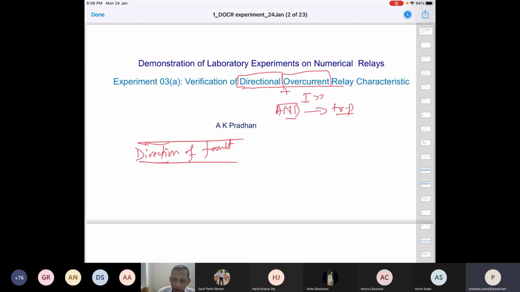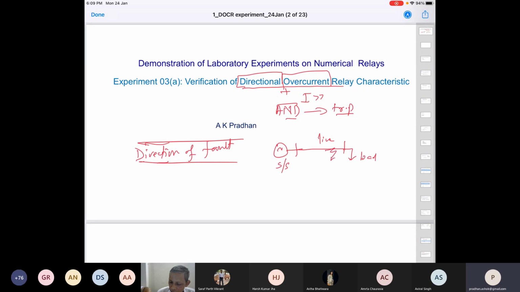But before that, we have to understand what the direction of fault is. Earlier we discussed that a substation is supplying certain load through a distribution line. This is the line, and this is the substation we are talking about. I am taking the Thevenin equivalent, so the source will come with its impedance, and this is the load side.